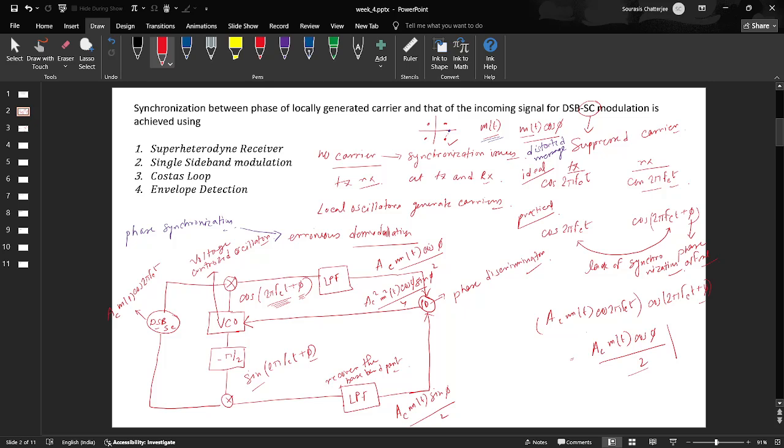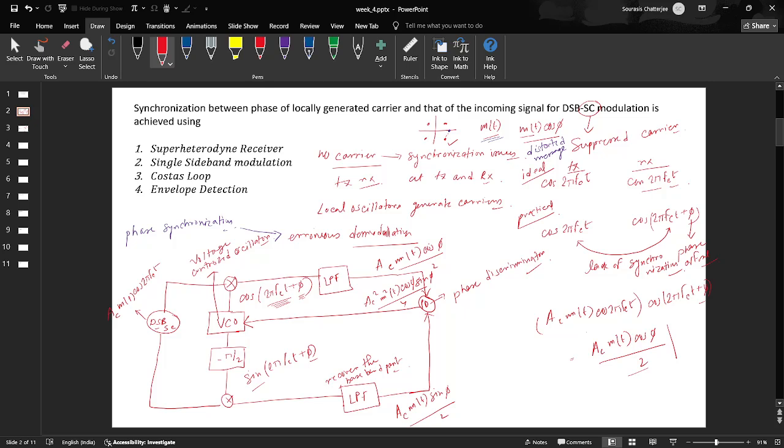So you can see that the crucial problem that DSBSC modulation encounters regarding synchronization can also be solved by this kind of simple circuit. Local oscillator, phase shifter, low pass filter and phase discriminator, these are inexpensive things apart from the local oscillator, but it needs to be there anyway.